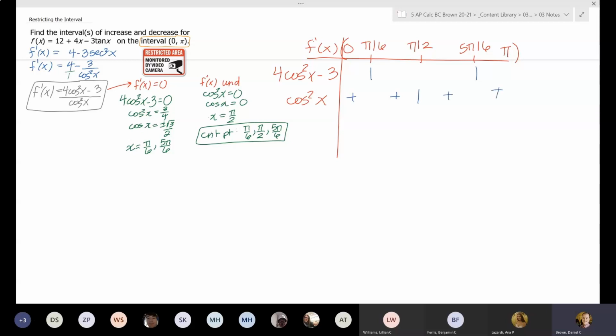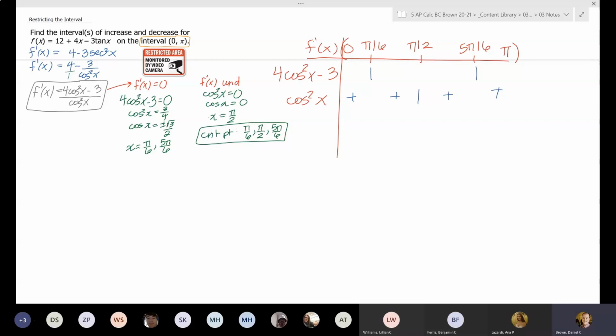So now I just need to deal with this numerator. So some hints I will give you, because oftentimes when you're finding test points for trig, it can be a little bit awkward finding some radian measures. And I will say, as long as you're not plugging in a critical point that came from that factor, you're going to be good to go. And what I mean by that, I would not want to plug in pi over 6 into the 4 cosine squared of x minus 3 because I know I'm going to get 0.